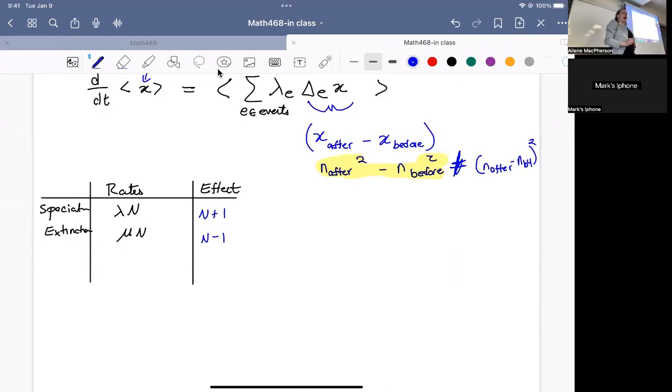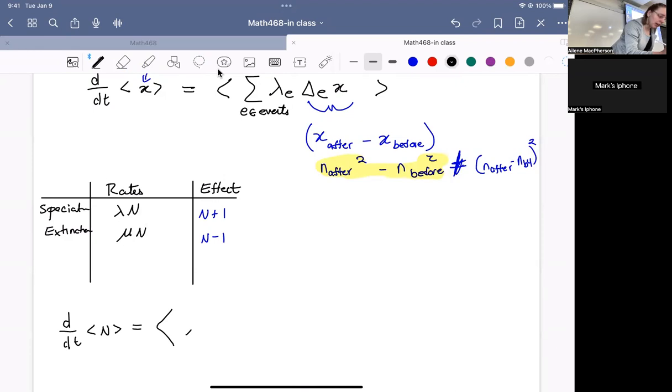Those are my n afters. Then I can subtract the thing before and I get my change. So I have here the rate of change in the mean number of species is the expectation over the sum of the different events that I could have.